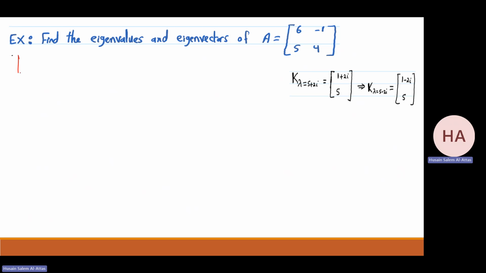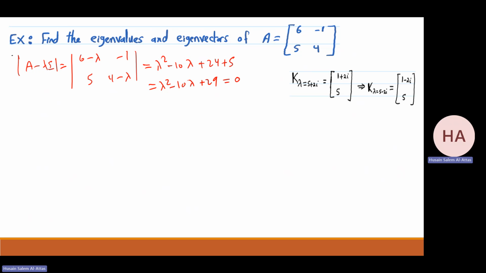This one, A minus lambda I, gives me 6 minus lambda, minus 1, 5, 4 minus lambda. That gives me lambda square minus 4 minus 10 lambda plus 24 plus 5, which is lambda square minus 10 lambda plus 29 equal to 0. I cannot factor it. I can do the quadratic formula.